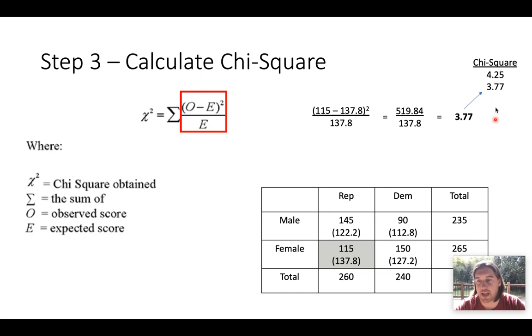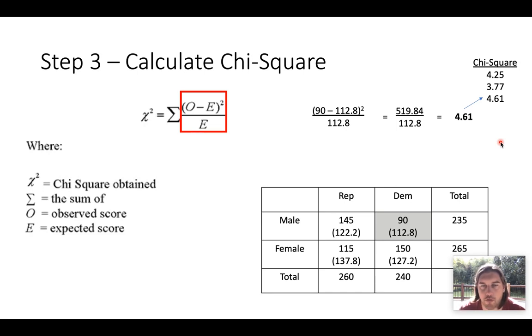And so I want to save each of these values. I'm going to end up with 4 of them, and then we're going to add them together. So you want to make sure to save them. Again, organization is key. There's a lot of numbers floating around. We want to make sure that we hold on to the right ones and know which ones we need. Cell number 3, plug and chug our observed and our expected values.